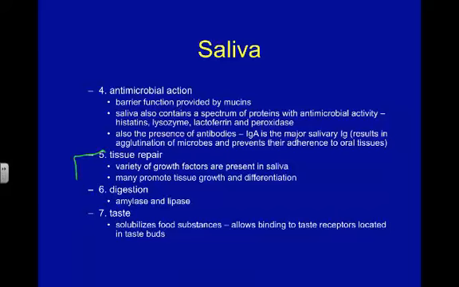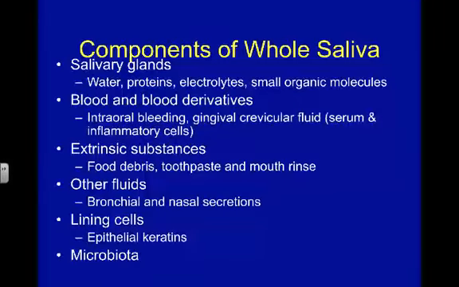Saliva is also key in tissue repair. It's important in helping repair your oral tissues. It has growth factors in it that allow more rapid repair. As a matter of fact, wound repair in the oral cavity is faster than nearly any other part of the body, which is fascinating to me.